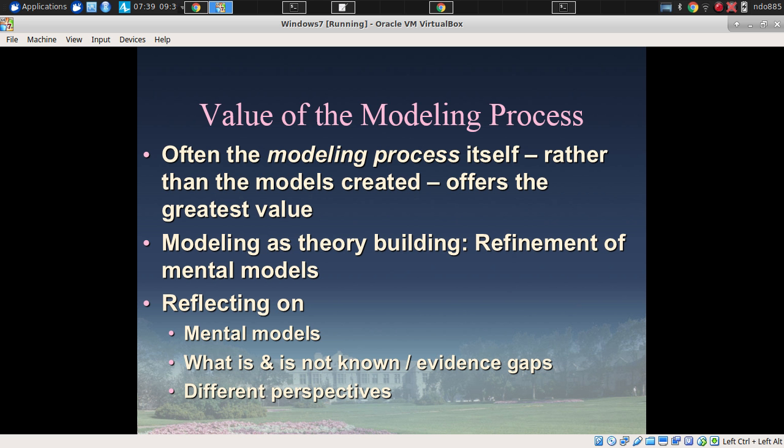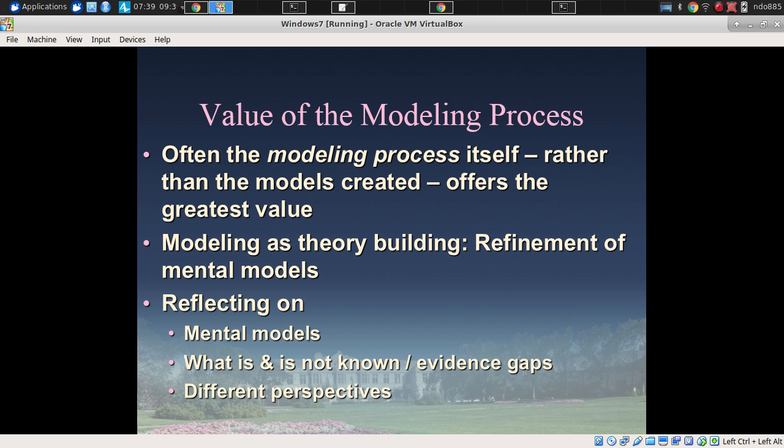And it's widely regarded that even if that model were, through some computational catastrophe, lost, someone deletes it, it's lost due to malware, the computer is crushed, often the greatest value has been delivered through the modeling process.